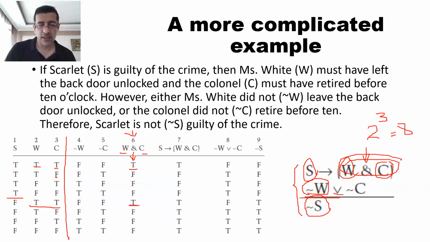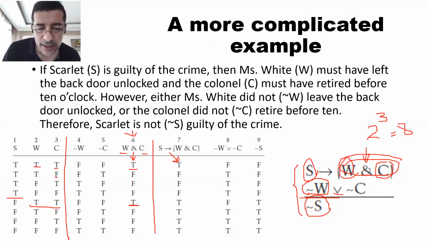Is that right? Okay, now let's go to our argument, which is if S, then W and C. What is the main operator here? I hope you had drawn this under this. This is for this one, okay? So, yeah. Now let's check S.